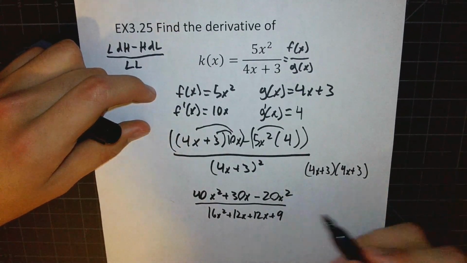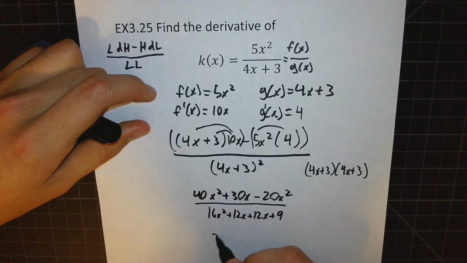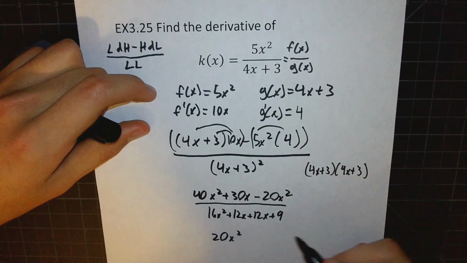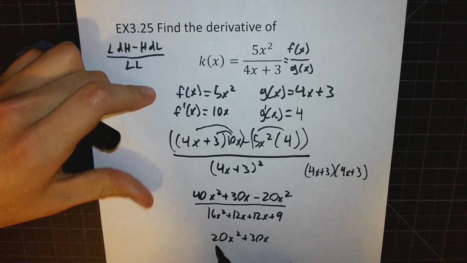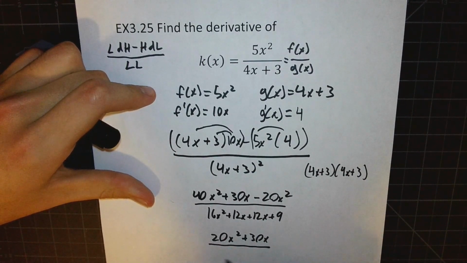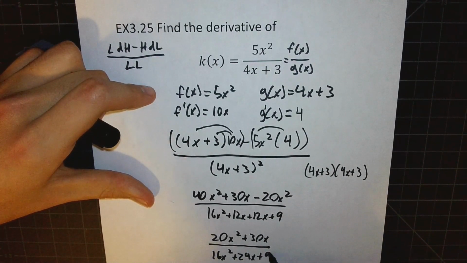So then we can simplify this even farther and have 20x squared plus 30x all over 16x squared plus 24x plus 9. And this is our k prime of x.